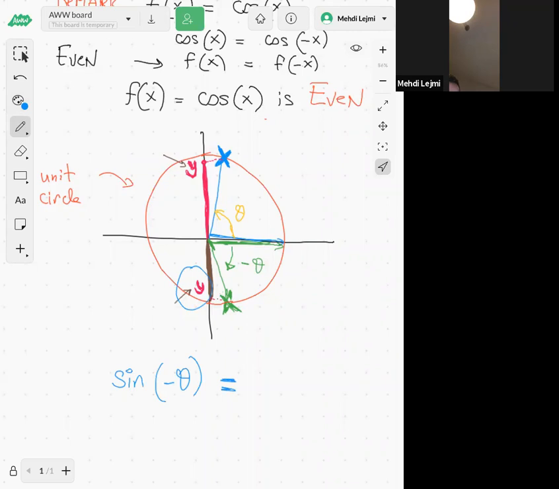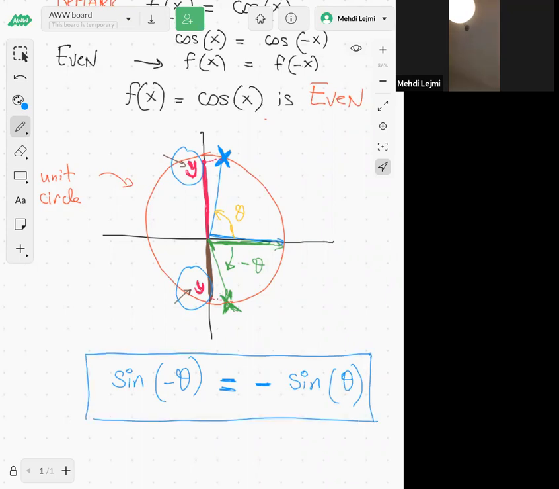So it's minus sine of the angle theta. So sine of minus theta is equal to minus sine of theta.